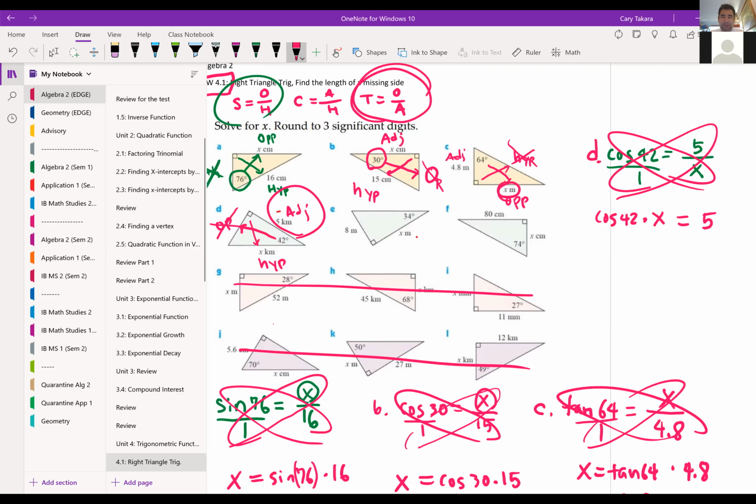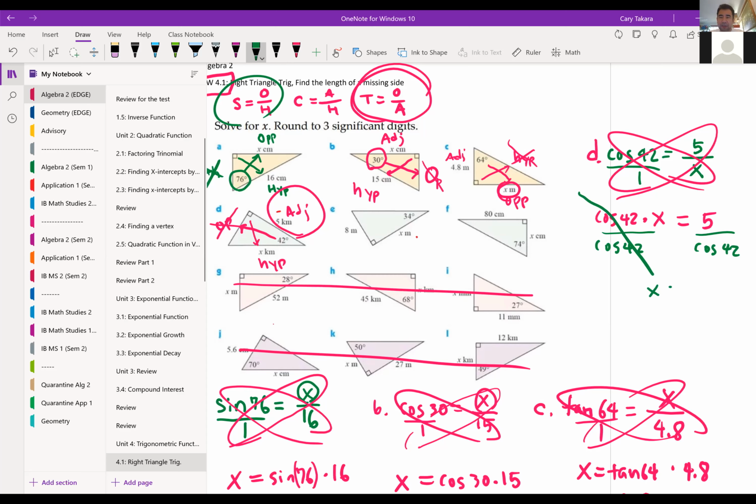Since we want to solve for x, you want to have x equals a number, so we need to get rid of this cosine of 42. How do we do that? We're going to divide both sides by cosine of 42. That cancels out.